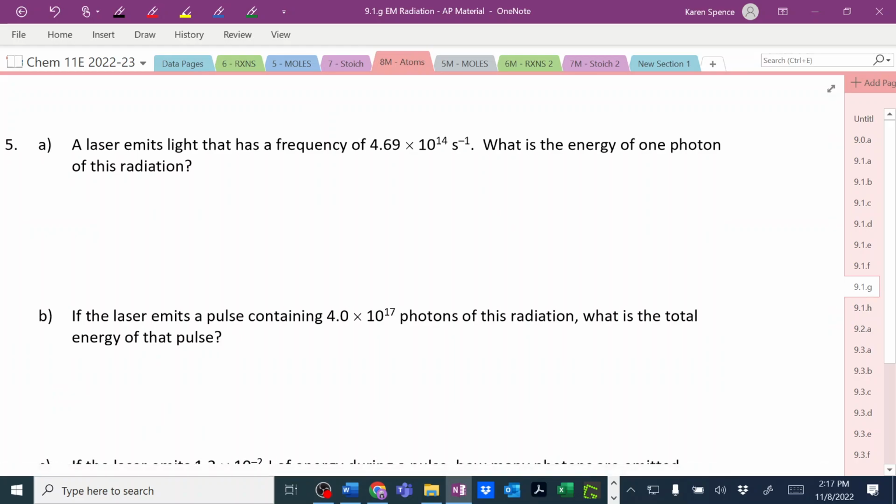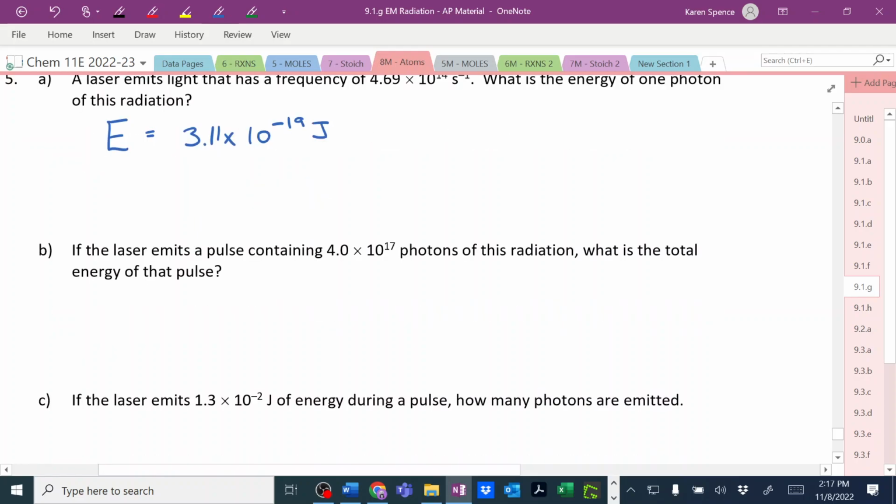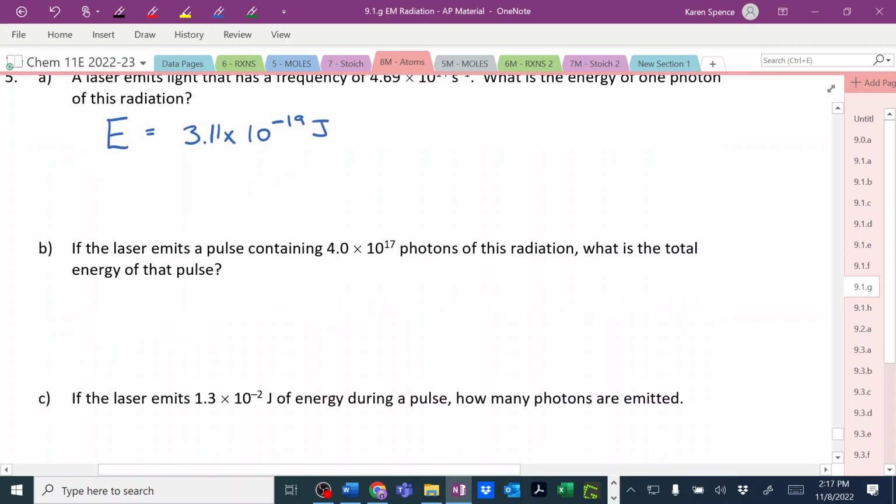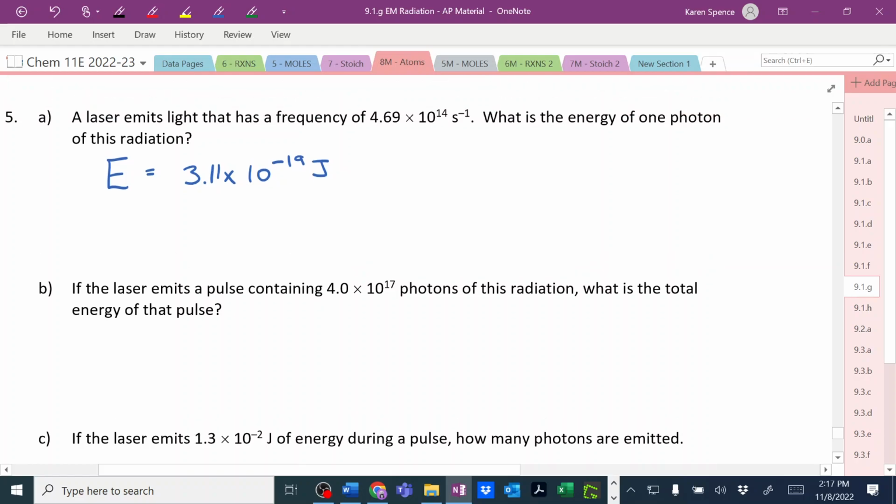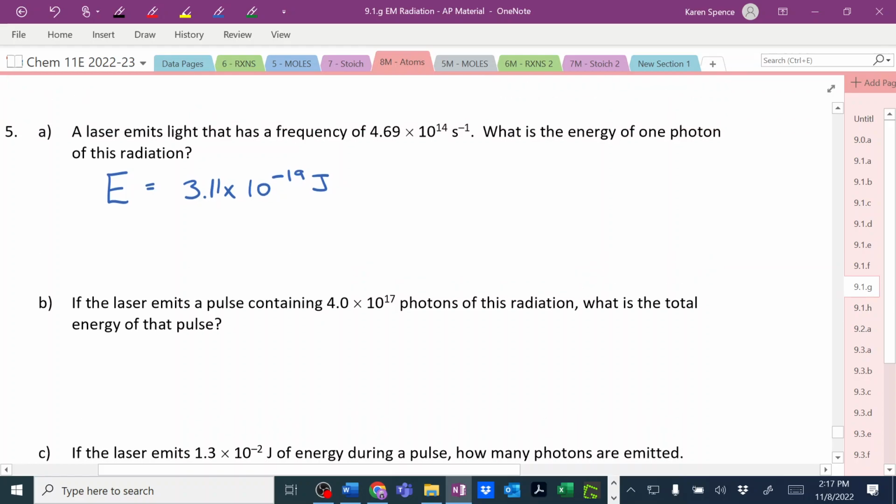So 5B, in 5A, you have calculated the energy. What was the energy found to be in 5A? Now, that is the joules for one photon.